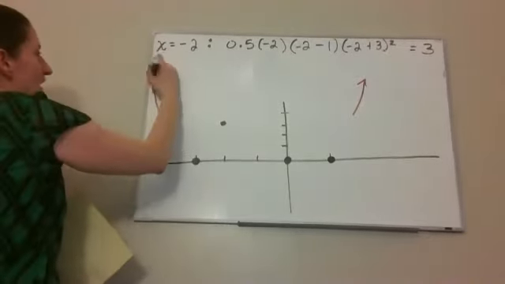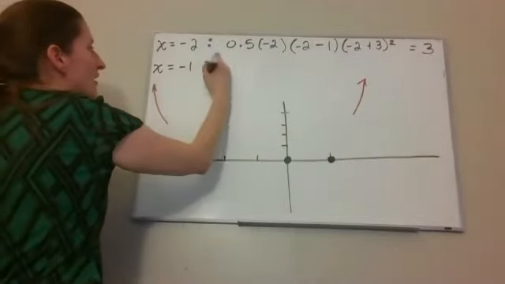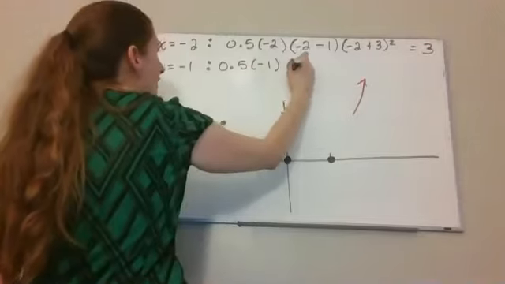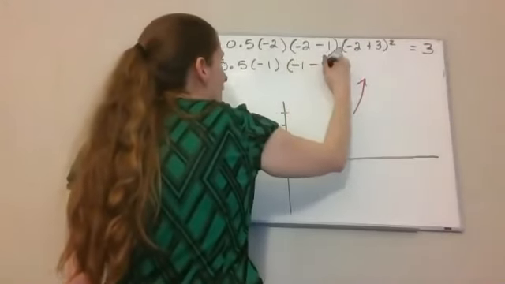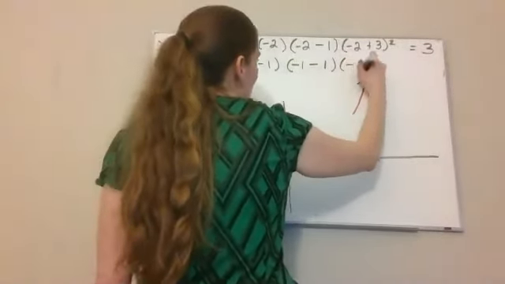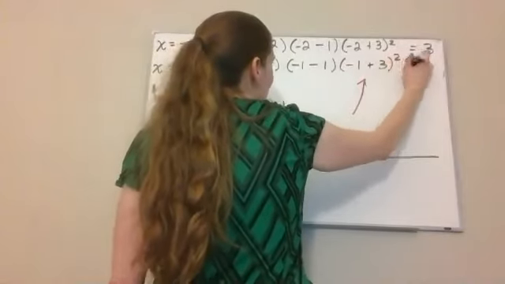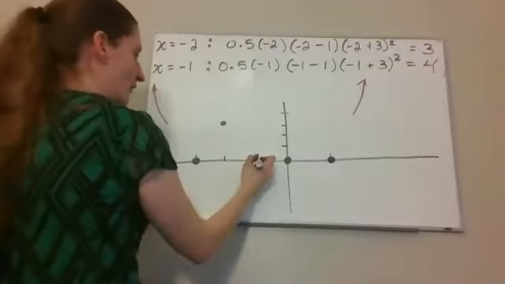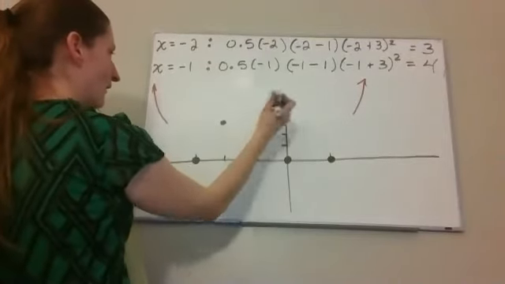If I plug in x equals -1, I get 0.5 times -1 times (-1 minus 1) times (-1 plus 3) squared, and that gets me 4. So I have (-1, 4).